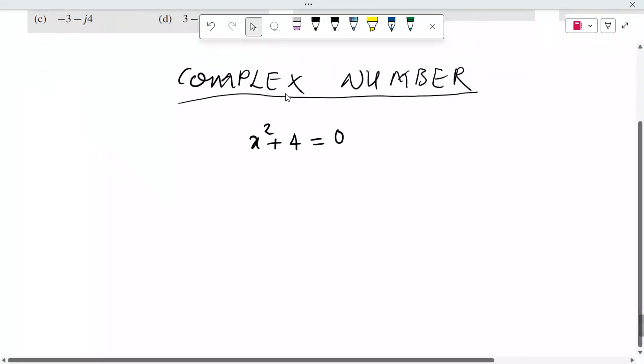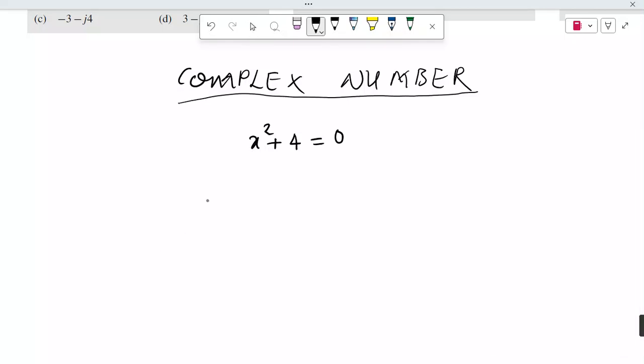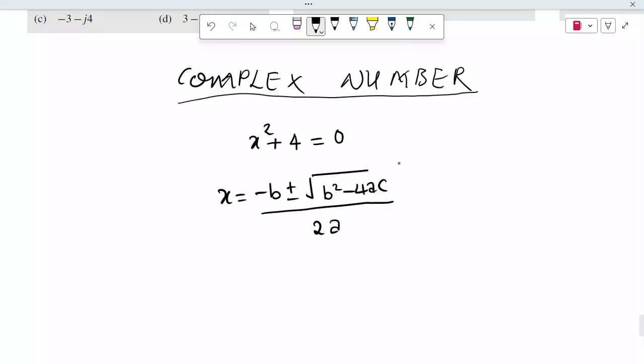There are a lot of methods you can solve this with. You can use the formula method, x equals -b plus or minus the square root of b squared minus 4ac, over 2a. So you write this equation in this form.